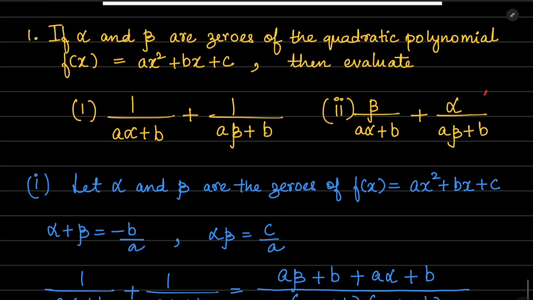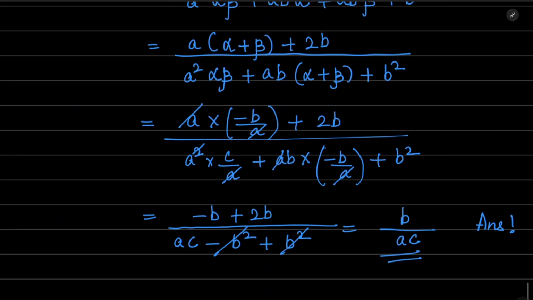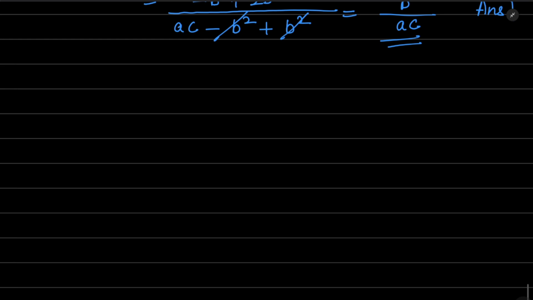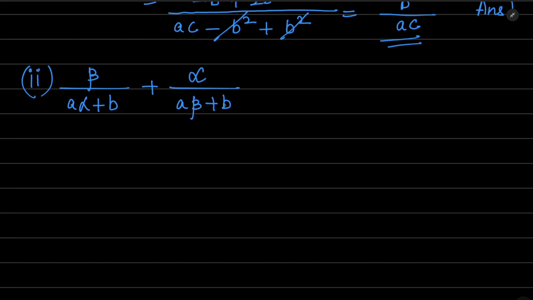Let's do the second one the same way. Okay, let me write it. The second question is beta divided by a alpha plus b, plus alpha divided by a beta plus b. Again, you have to write, given alpha and beta are the zeros.